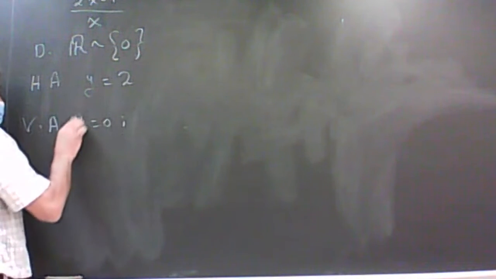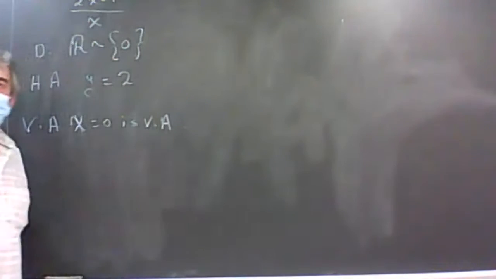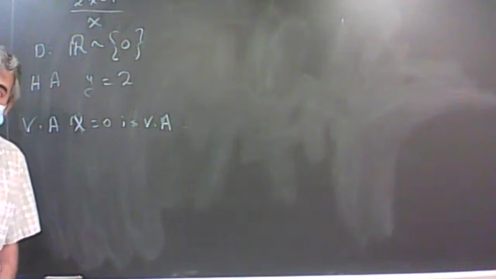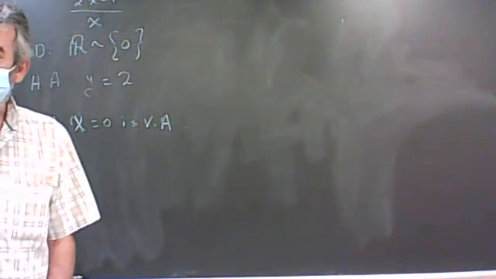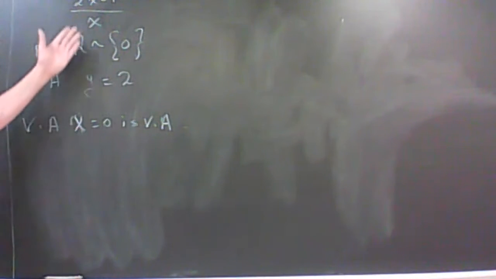No. So therefore, it is an asymptote, right? So x equals 0 is the vertical asymptote. So now we got those asymptotes, right? One more thing you could do in here is find what we call the intercepts. Okay. Does this graph intercept the x-axis? Let's see.